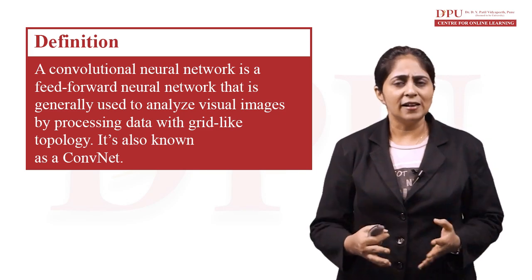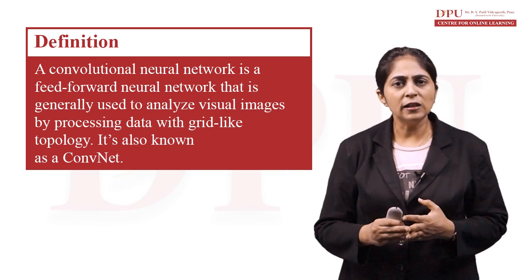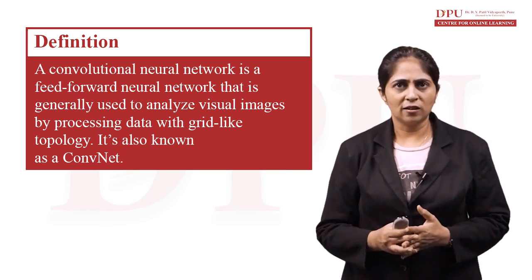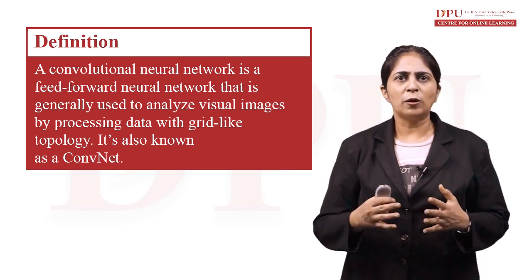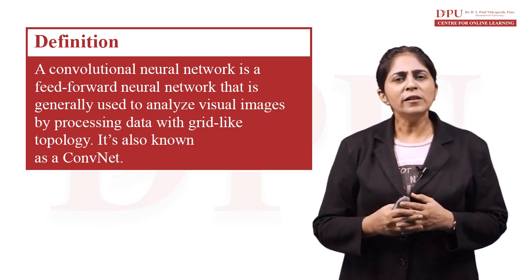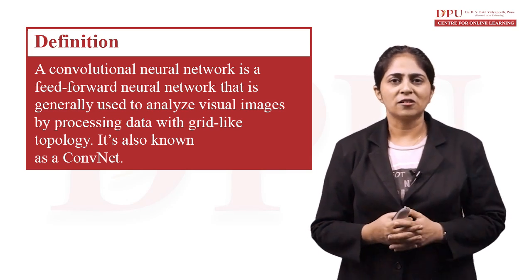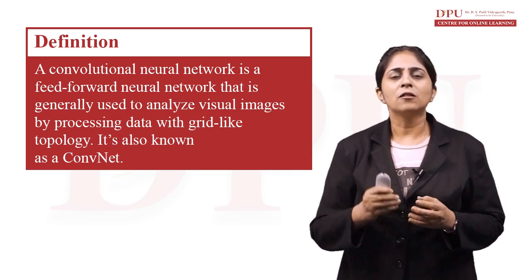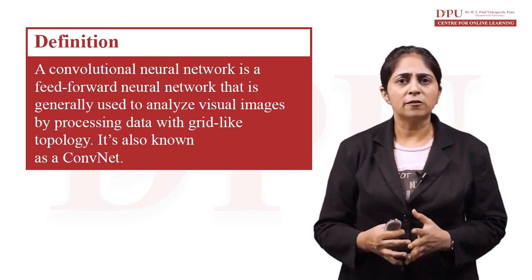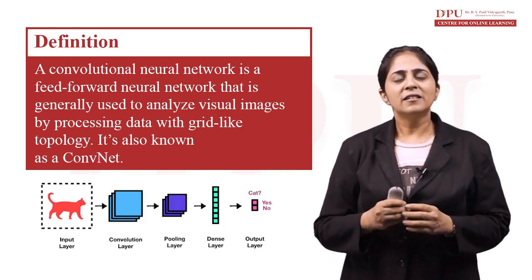So, our CNN, when I say CNN, I mean convolutional neural network. A CNN is a feed-forward neural network which is generally used to analyze visual images. The main purpose of CNN is to recognize images.